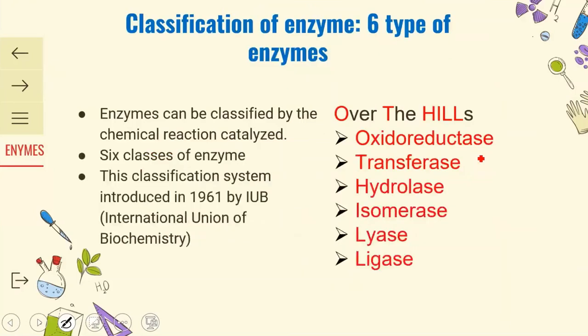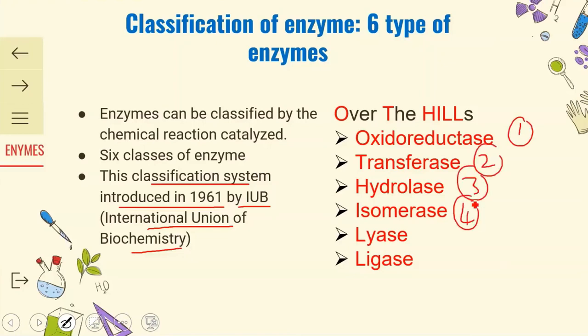So there are 6 classes of enzymes. This classification is based on the system introduced in 1961 by the IUB, the International Union of Biochemistry. The 6 classes are oxidoreductase, transferase, hydrolase, isomerase, lyase, and ligase.